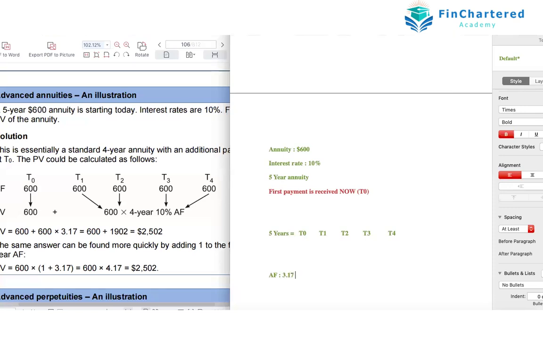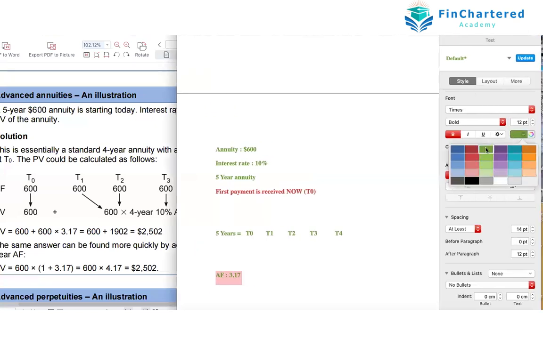The annuity factor 3.17, right? This is for how many years? This annuity factor is actually for 4 years, that is time 1, time 2, time 3, time 4. Remember this. For the fifth payment, the one that is now, the discount factor is 1.